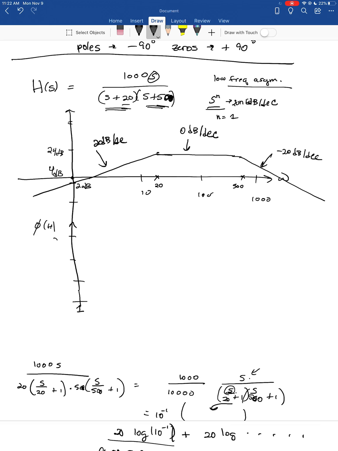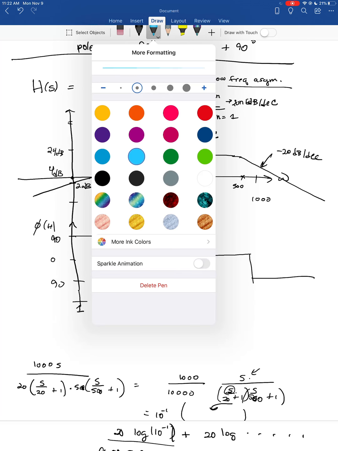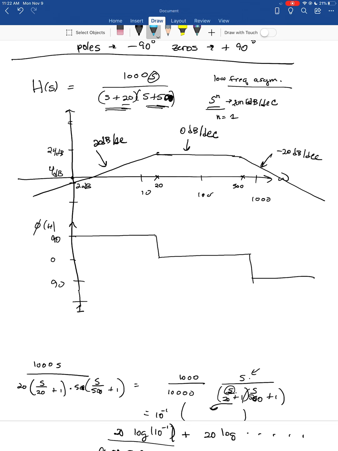The phase is going to be different because the low frequency phase will start at 90 degrees. So we'll start at 90, and then at 20 we will drop to 0 phase, and then at 500 we will drop to negative 90 phase.